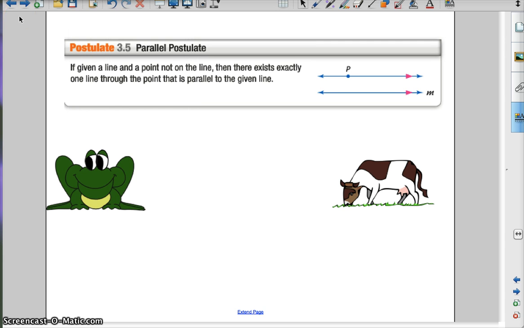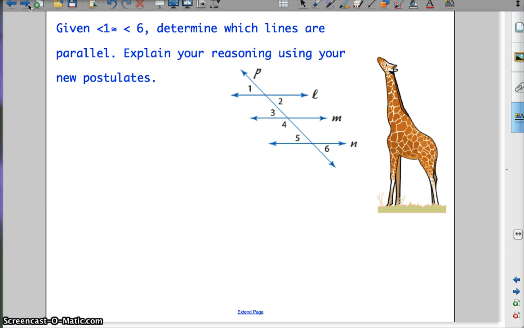All right, we're going to move along to some examples. Given angle 1 and angle 6 are congruent to each other, determine which lines are parallel and explain your reasoning using your new postulates or theorems. So here is angle 1 and here is angle 6.